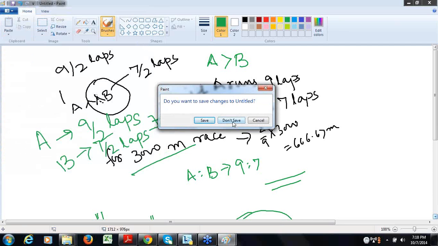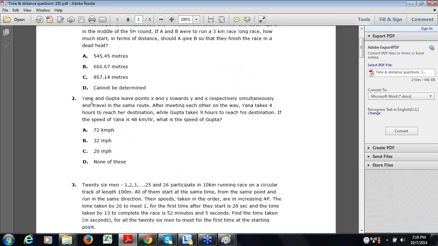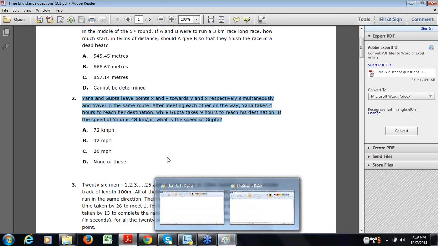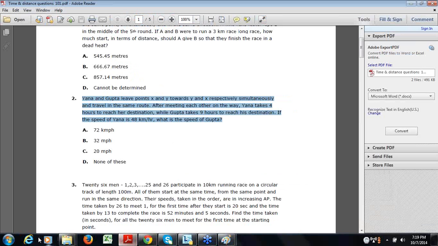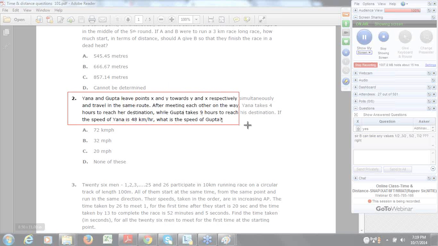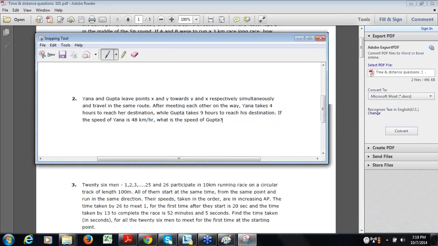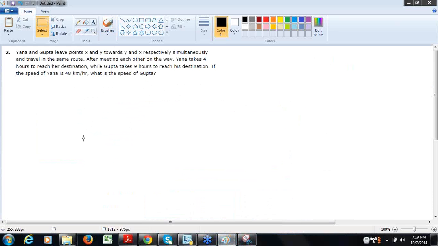So let me move ahead to question number 2. Question number 2 says, Yana and Gupta leave points X and Y towards Y and X simultaneously and travel on the same route.